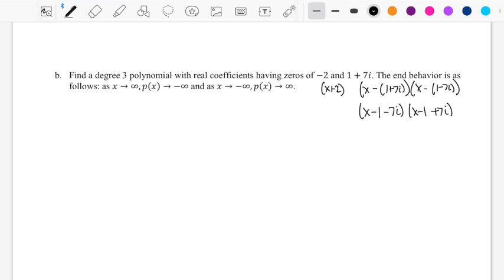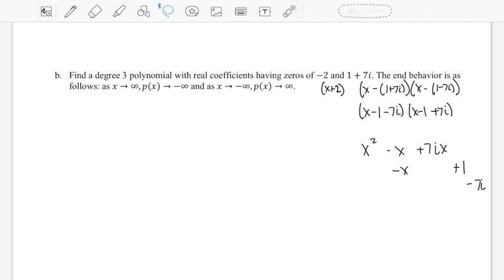So when we multiply that together, we've got an x squared minus x plus 7ix. We've got a negative x, a positive 1, and a negative 7i. Our last term to distribute in, negative 7i times x is a negative 7ix. Negative 7i times negative 1 is a plus 7i.